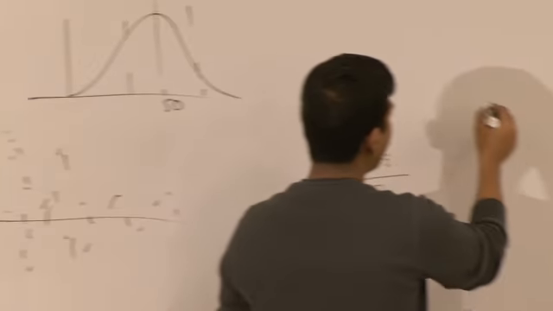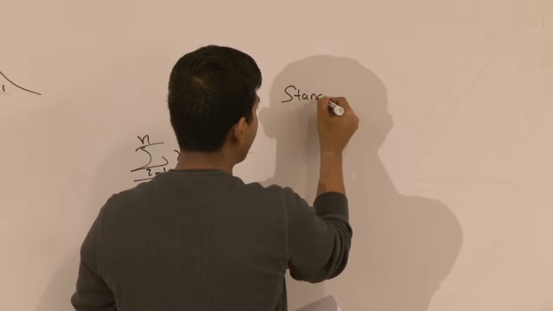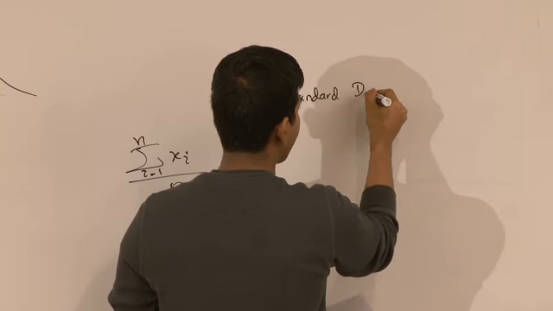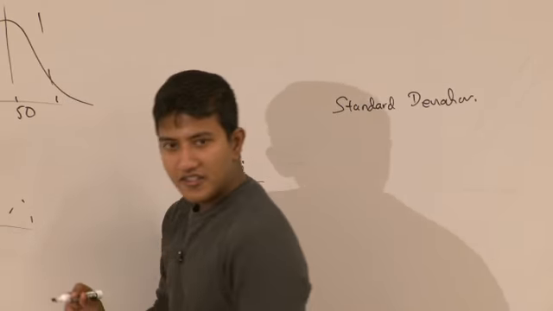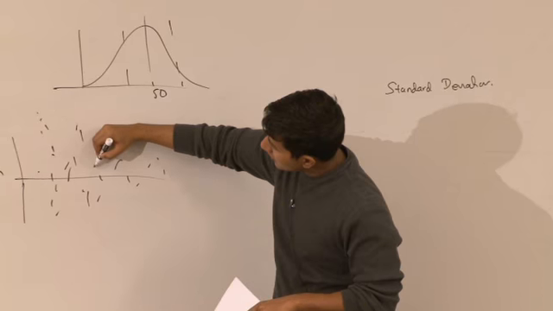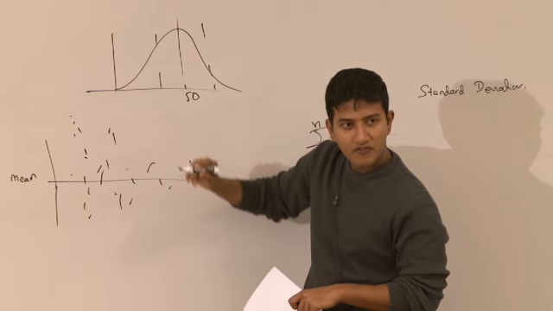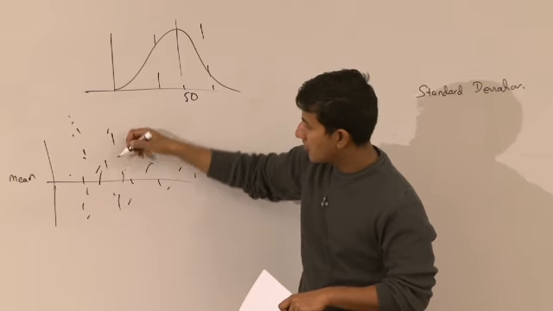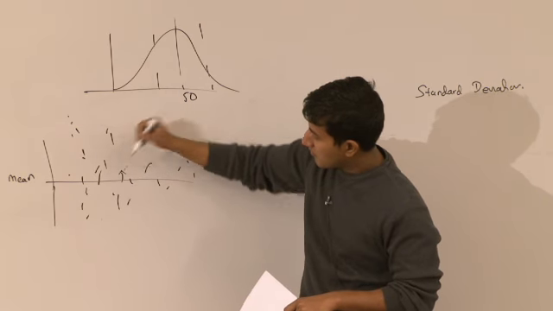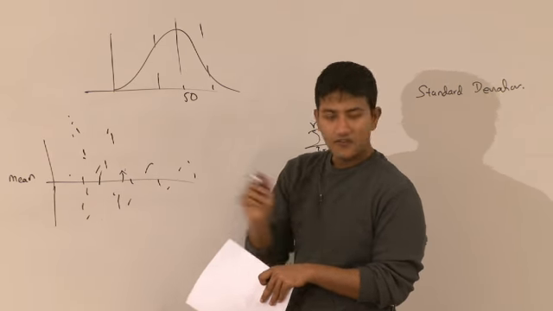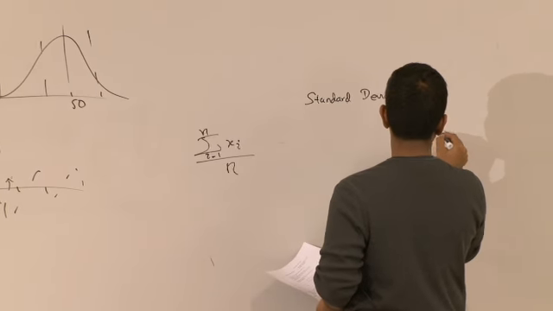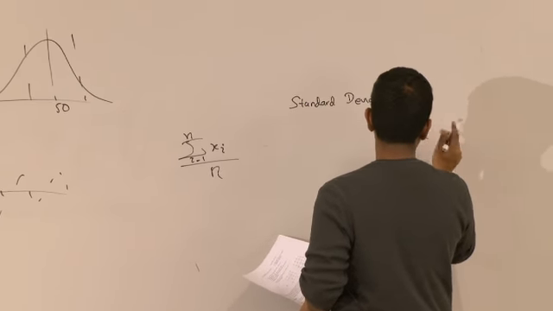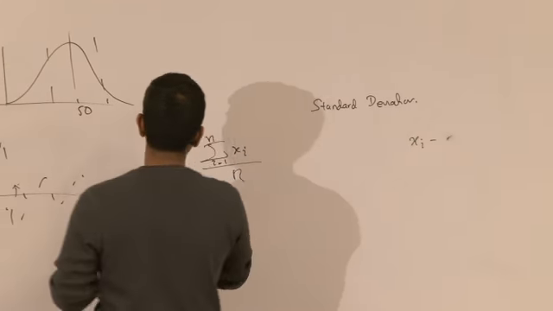We measure that by a variable called standard deviation. In this case, this particular sample will be different from its mean by a particular value, right? We can express that as xi minus its mean. Let's call the mean mu.